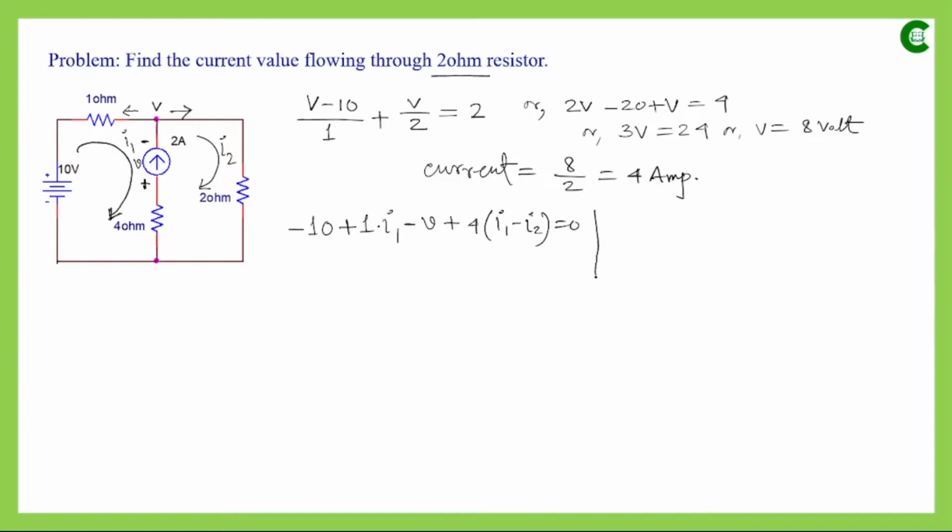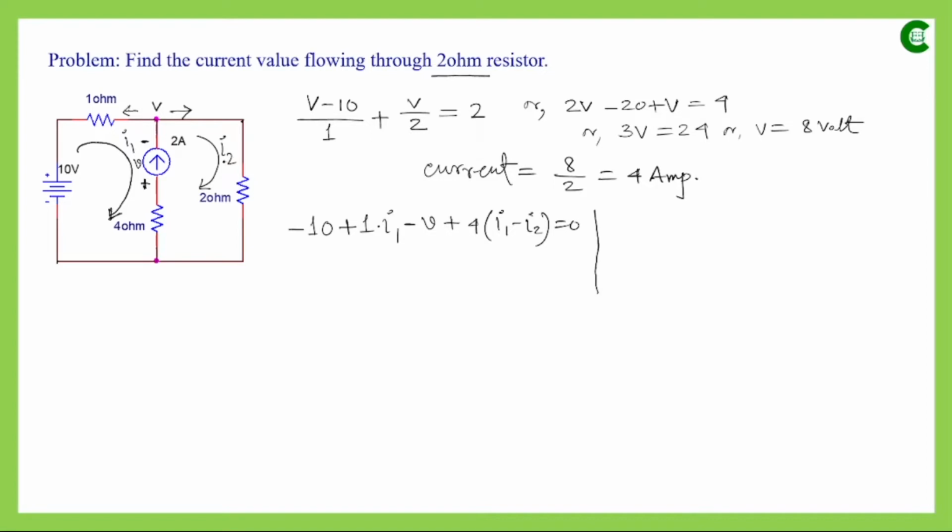This is our first equation that we will be getting after applying the concept of KVL in the first loop. Now in the second loop, if we apply the concept of KVL and if we start our journey from any point, suppose if you are starting from this point, then the equation that we will be getting is 2 into I2, which will be positive.